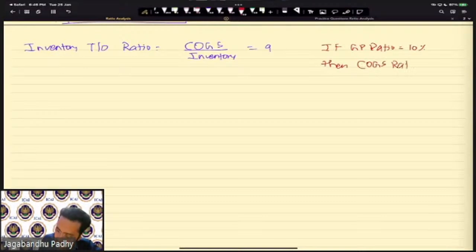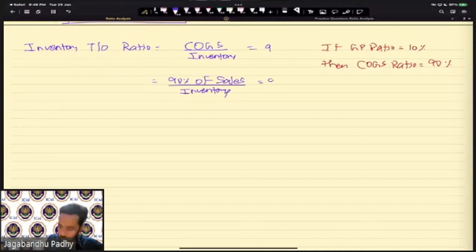If GP ratio is 10%, COGS ratio will be 90%. So COGS is going to be 90% of sales upon inventory is equal to 9.